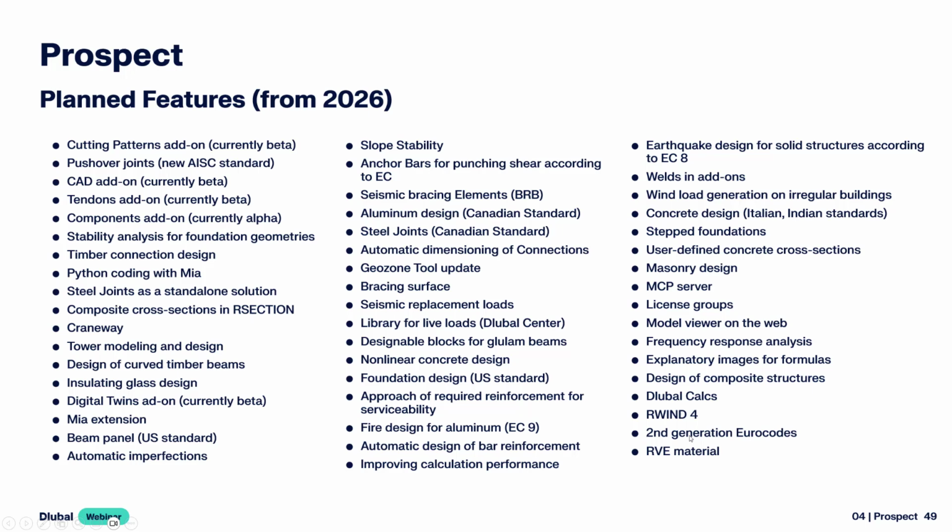Then we will implement the second generation of the Eurocodes, and also the RWE material. So those are resulting volume elements that opens the material models, for example, for solids or textiles, etc. Those will then be possible.